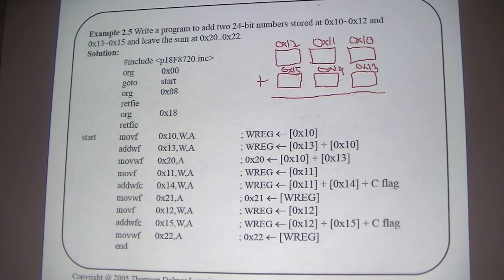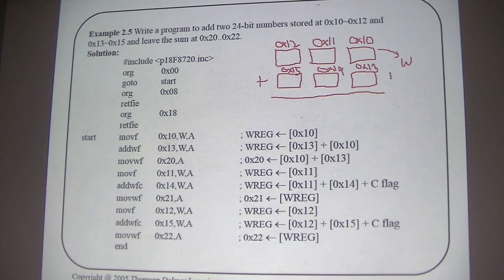So for the first part, you solve it like normal, you use add WF. That means the content of the first file register you move to working register. You move this to working register, and then you add these two, right? And then you can store the answer here at hex 20.